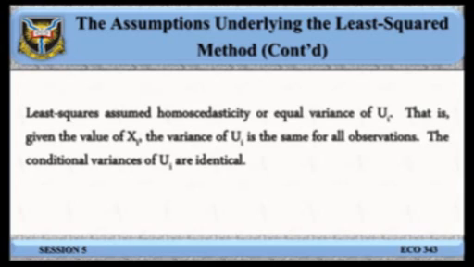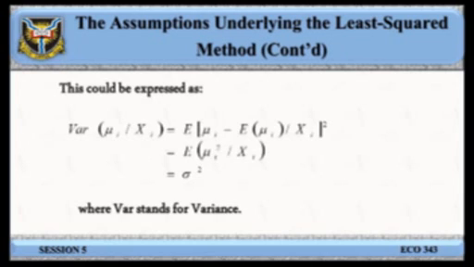Least squares assumes homoscedasticity, or equal variance of ui. That is, given the value of xi, the variance of ui is the same for all observations. The conditional variances of ui are identical. This could be expressed as shown in the equations below.